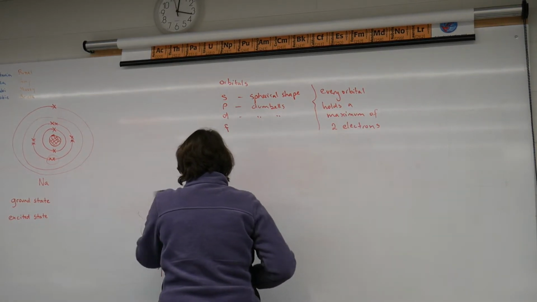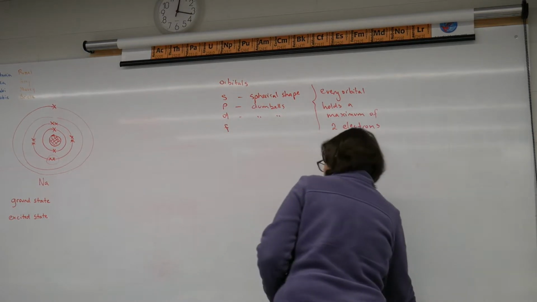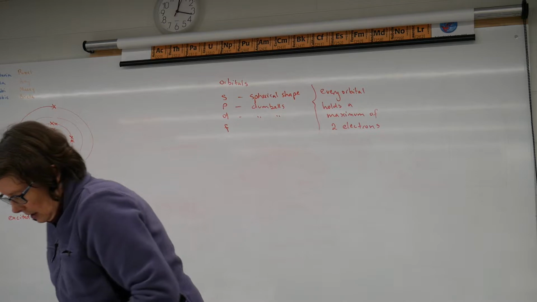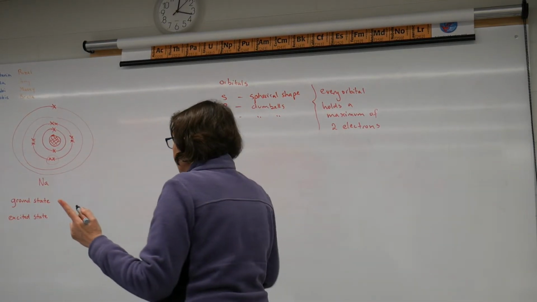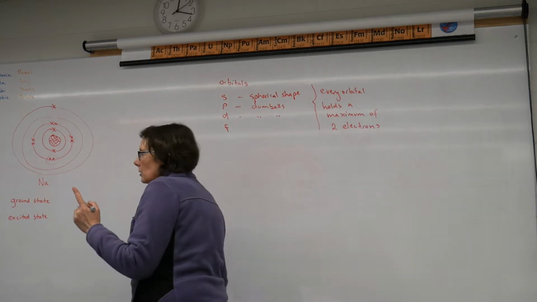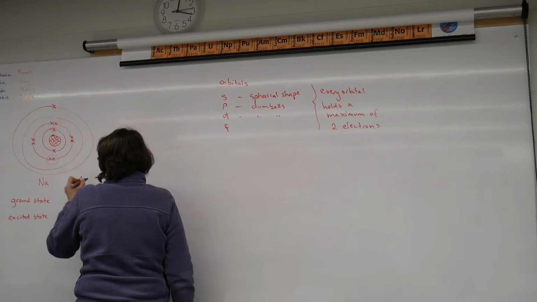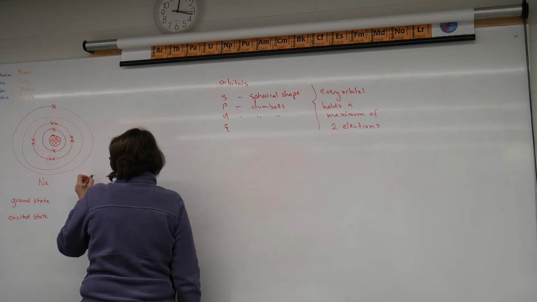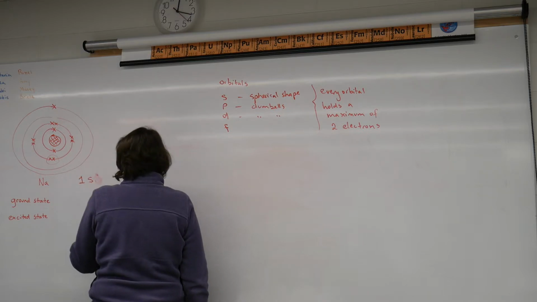Okay, so let's then use that to think about principal quantum number 1. There's one orbital, and it's an s orbital, and it can hold a maximum of 2 electrons.